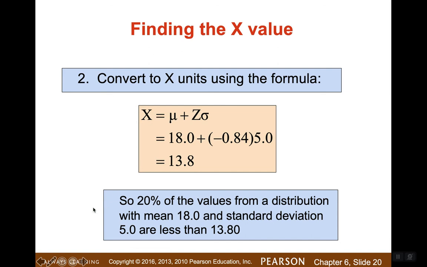So what that translates to is that 20% of the values of a distribution with a mean of 18.0 and standard deviation 5.0 are less than 13.8. And that really is a summary of chapters 4, 5, and 6.